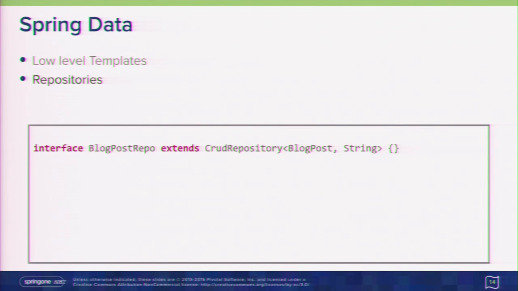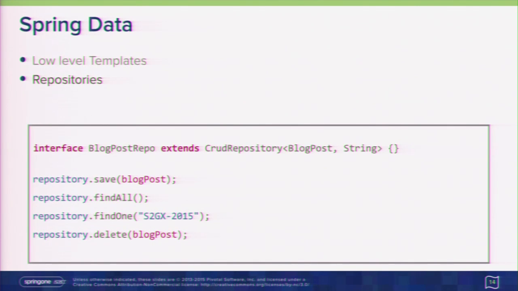So we offer you the abstractions for CRUD repository, paging and sorting repository, and with that you get all the stuff you naturally expect. So you get save operations, you can find all, you can find something by an ID, and of course you can delete all the stuff again. So there's delete all as well, but I wouldn't use that too frequently, actually.